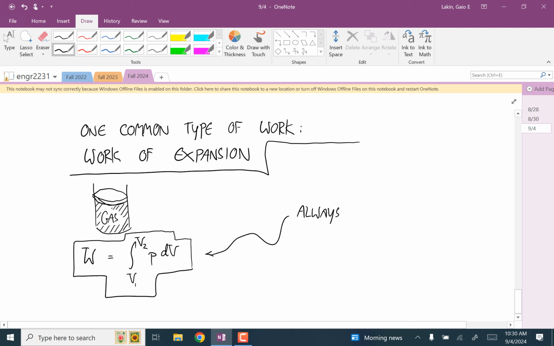We're going to end up breaking stuff up into a lot of different classifications: an ideal gas, an incompressible material. This holds no matter what. P is pressure. And this obeys the first law sign convention, so you can just trust the sign on this and put it straight into the first law.